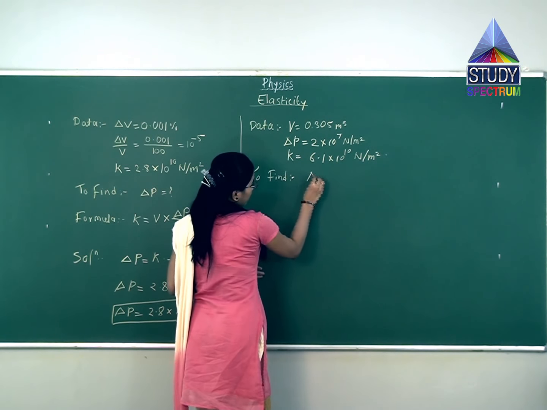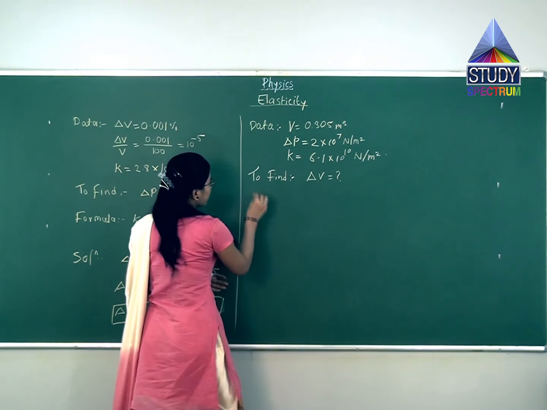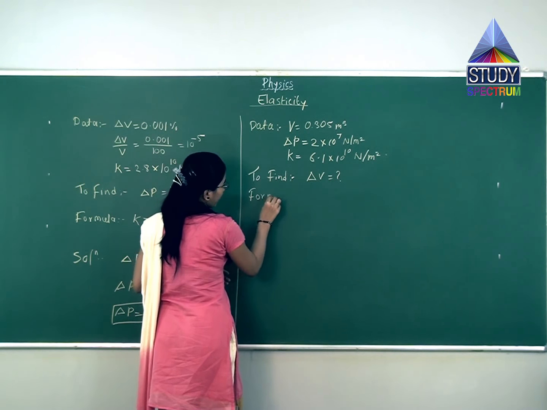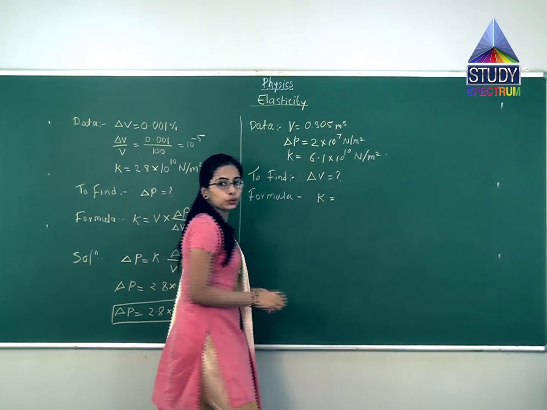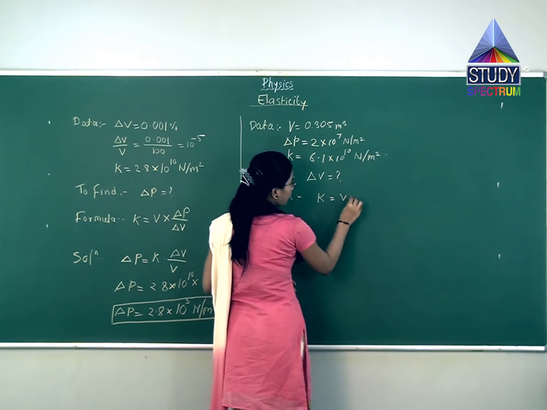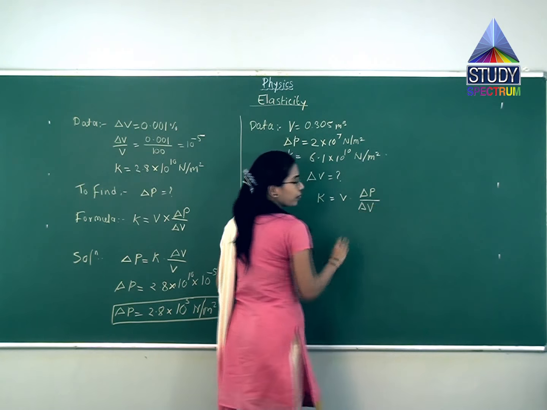So it is delta V. Now formula we will use here, similar formula that we had used in previous problem. K is equal to V into delta P upon delta V.